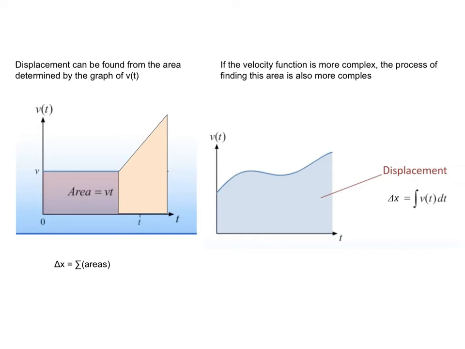But recall that we broke a shape into smaller shapes, and we added up, or we summed up, the areas for each of those sections. A rectangle was just velocity times time, or maybe we had a trapezoid or a triangle that we had to deal with. But to find delta x, we added up, or we summed the areas.